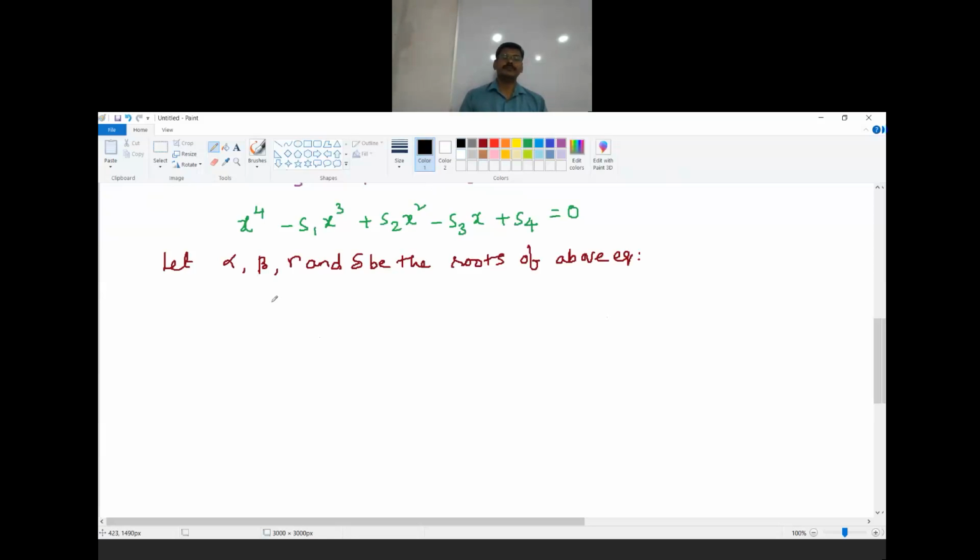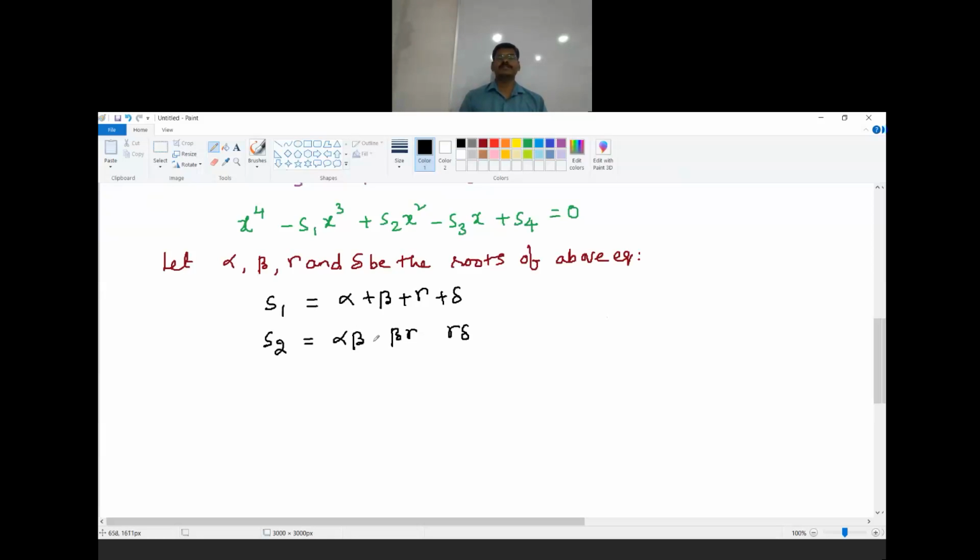S1 is always the sum of the roots, the first coefficient: alpha plus beta plus gamma plus delta. Next, S2 is the sum of the product of two roots taken at a time: alpha beta, next beta gamma, next gamma delta.